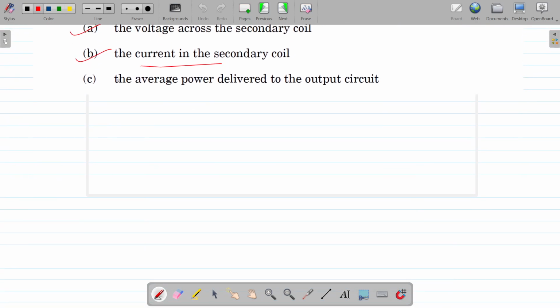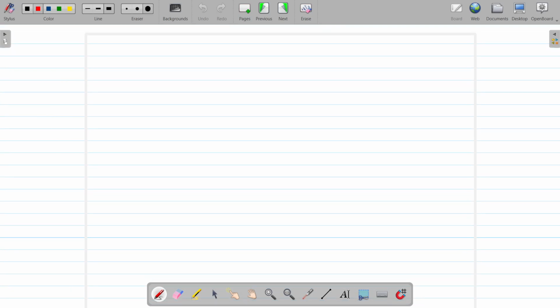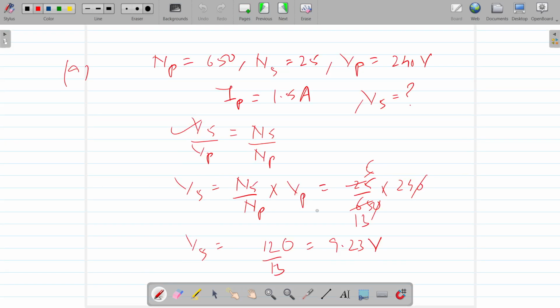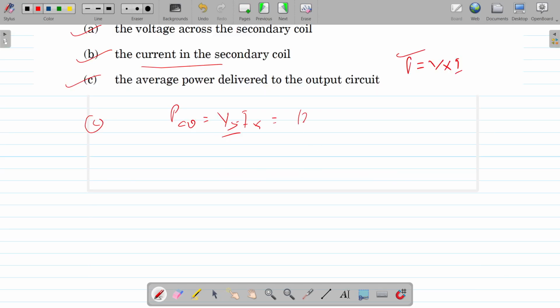अब आपसे पूछा है the average power delivered to the output circuit. So average power delivered to the output circuit, P average output में, इसका मतलब है P is equal to V into I, output across मिलेगा आपको सेकेंडरी, तो Vs into Is. ये आपका आया था 120 by 13, so 120 by 13 and current in the secondary coil was 39.